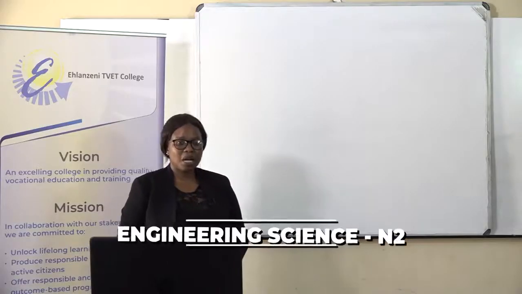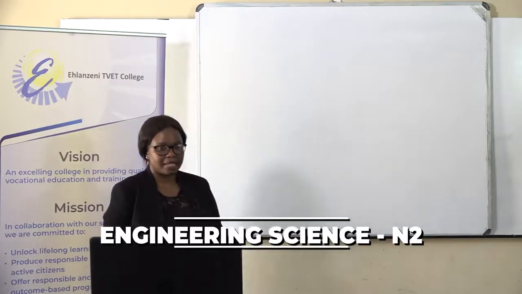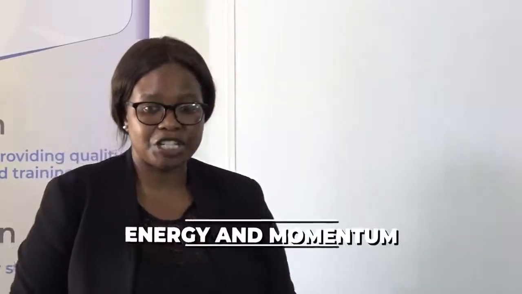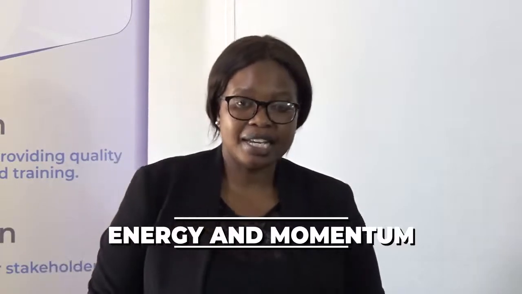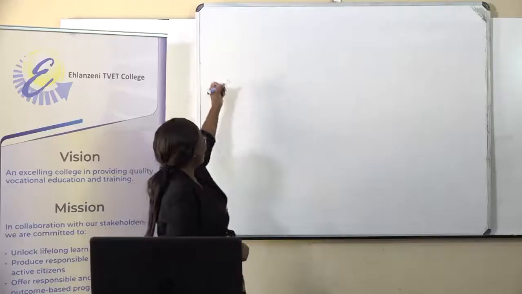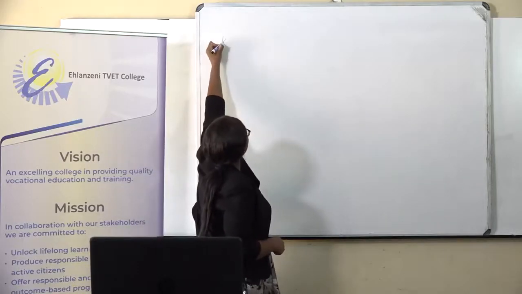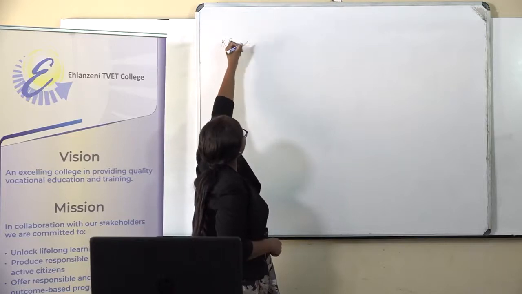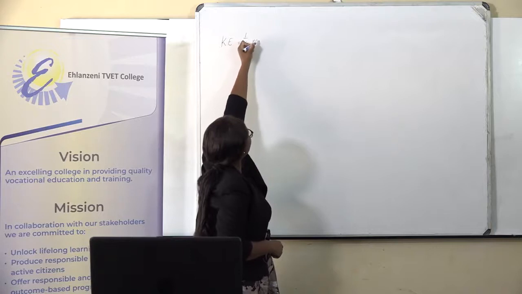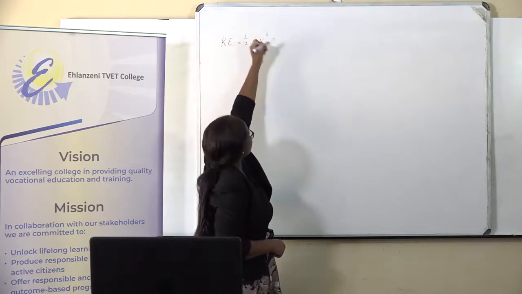We are now calculating velocity. Kinetic energy is the energy that the body possesses by virtue of its motion. So here, our kinetic energy, KE, is equal to half mass times velocity squared.